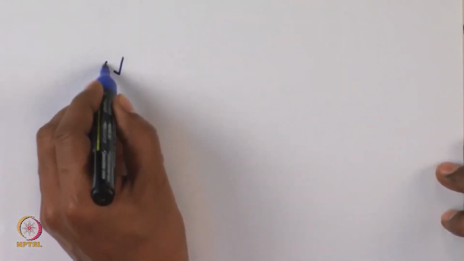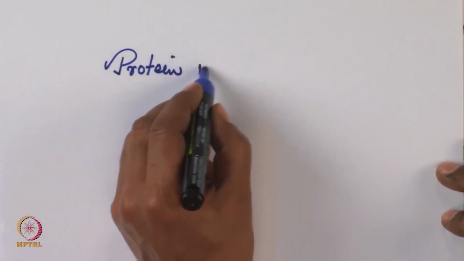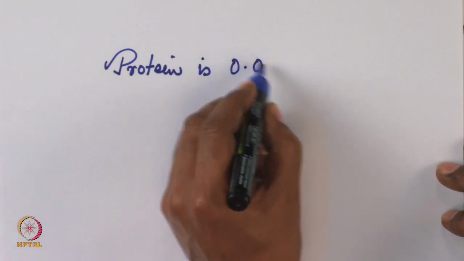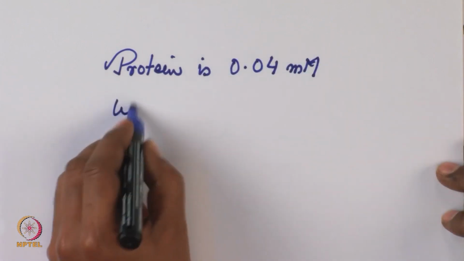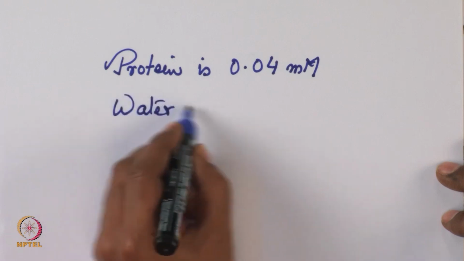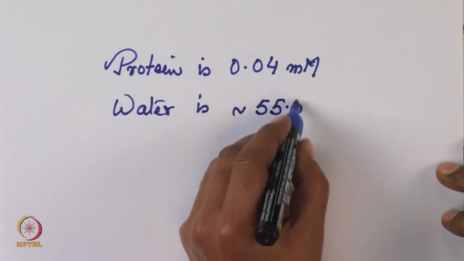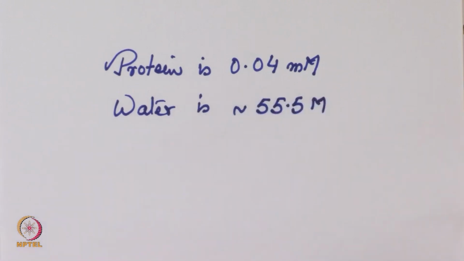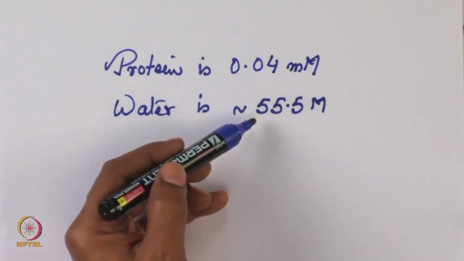And now you compare: in this particular example, protein is 0.04 millimolar and water is about 55.5 molar. Look at the imbalance in the concentrations.